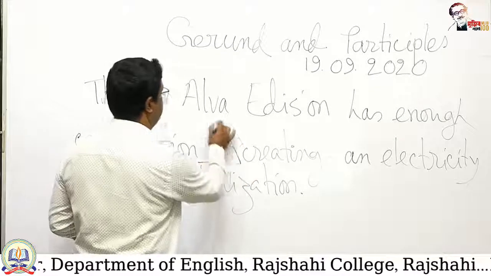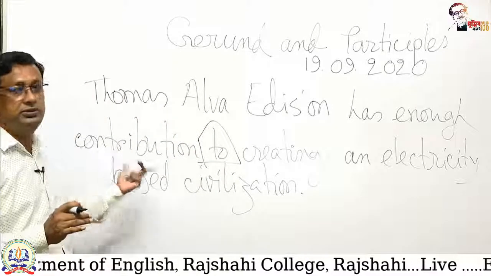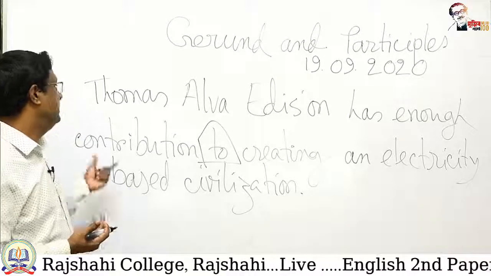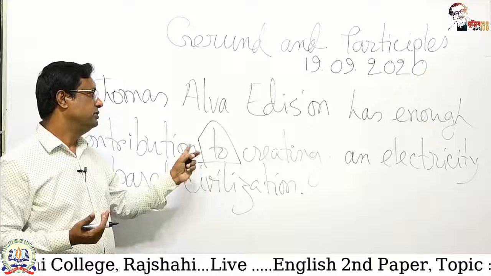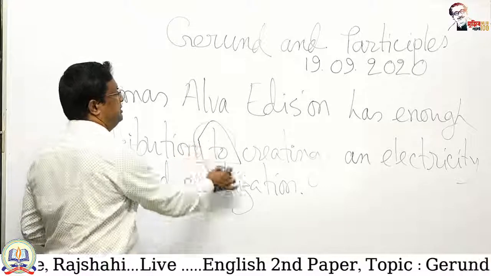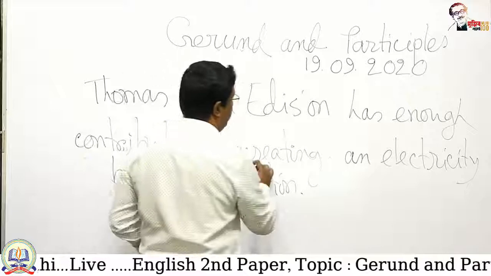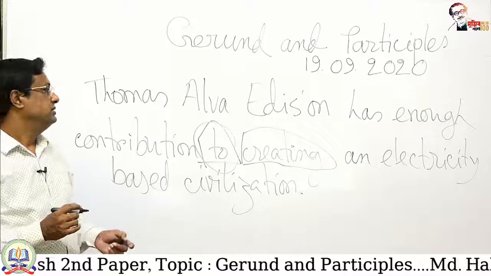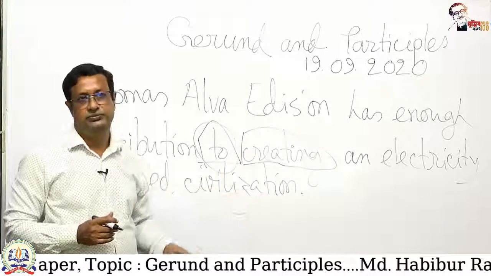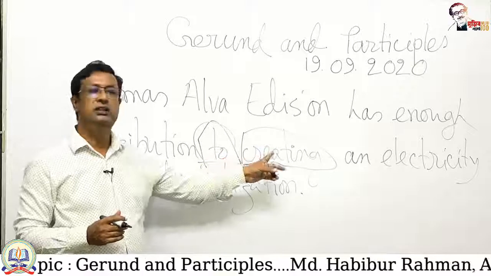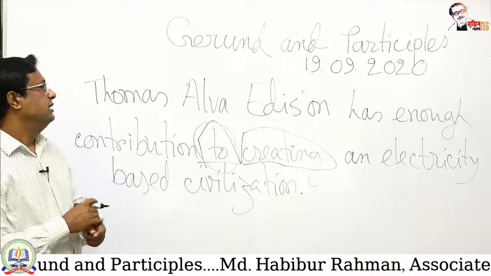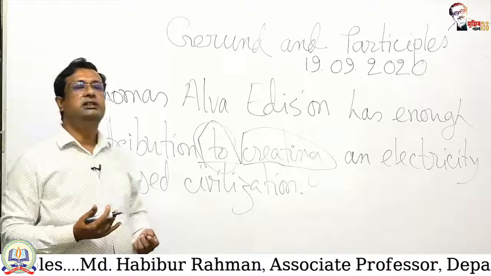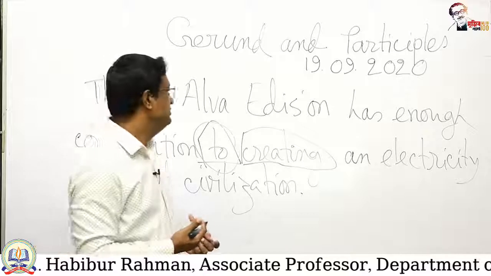There is a preposition to, you know, contribution to, that you have found in your appropriate prepositions. After the preposition to, as it is a preposition, you find the verb in ing form. Why? Because this is actually a noun. After a preposition comes a noun. So to creating what? An electricity based civilization. So in this way we find a gerund.